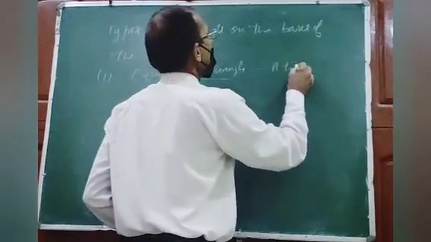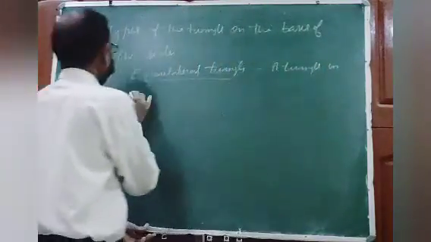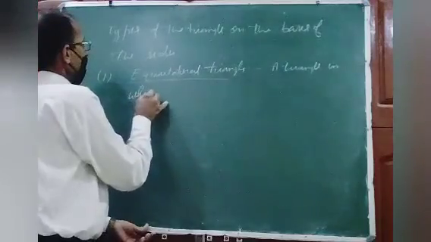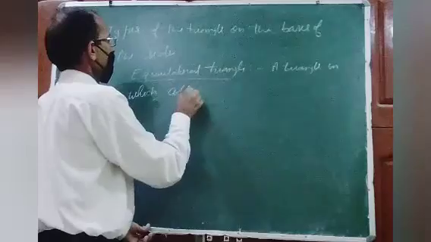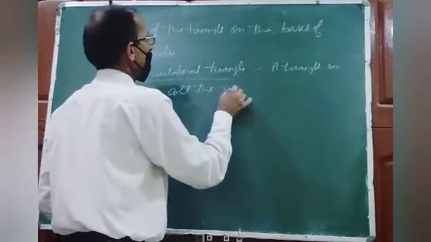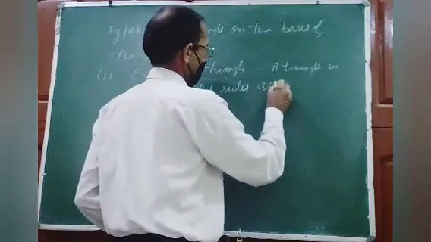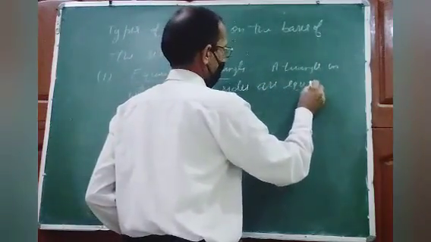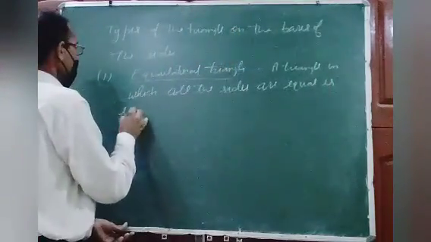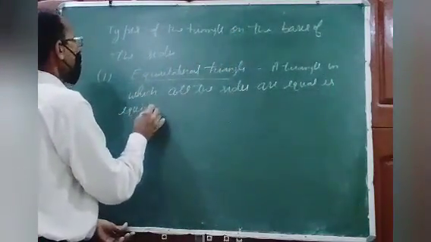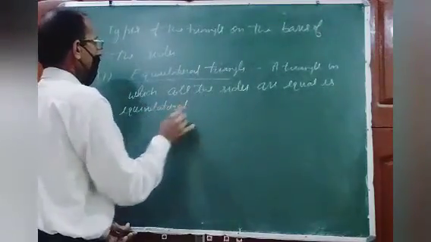A triangle in which all the sides are equal is called an equilateral triangle.